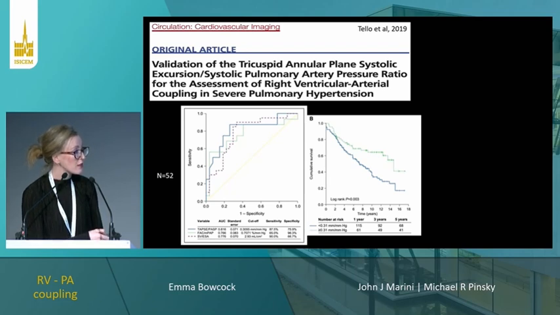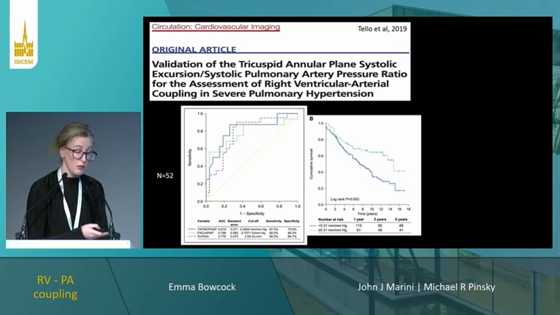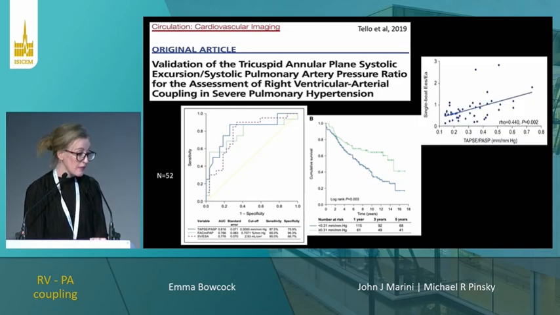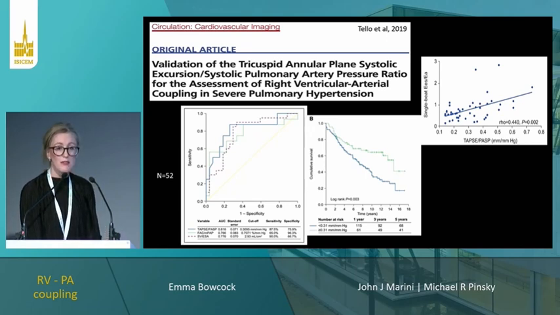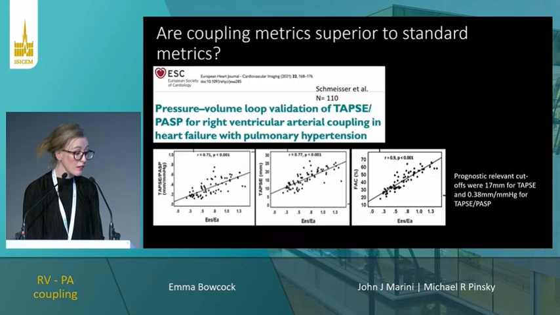They then found that patients with TAPSE to pulmonary artery systolic pressure ratios of less than 0.31 had higher mortality. But interestingly, in this study, the ratio didn't correlate too well with invasive single beat methods of coupling.